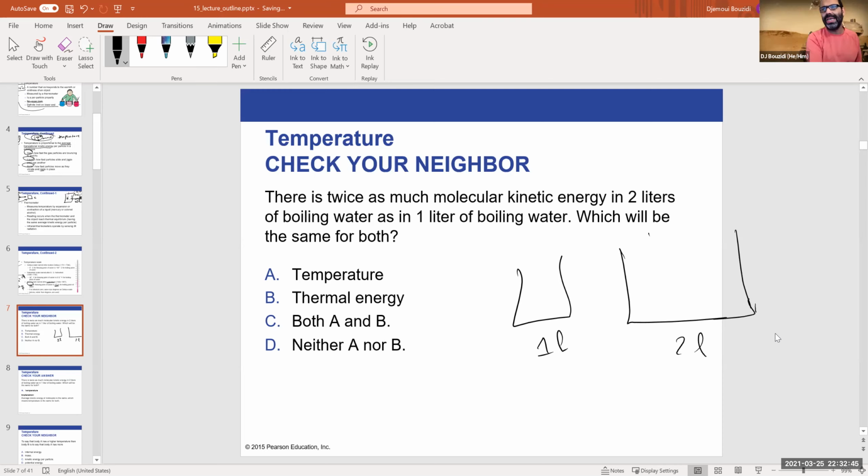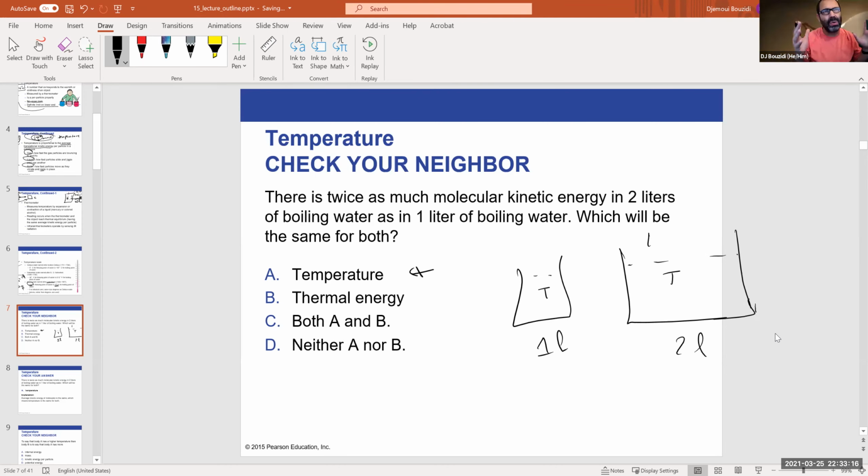Obviously, this one has more molecular kinetic energy, because we have a lot more water. But both of them must have the same temperature because doubling the amount keeps the average the same. All we care about is the average, that is the whole idea of temperature. It's the average temperature.